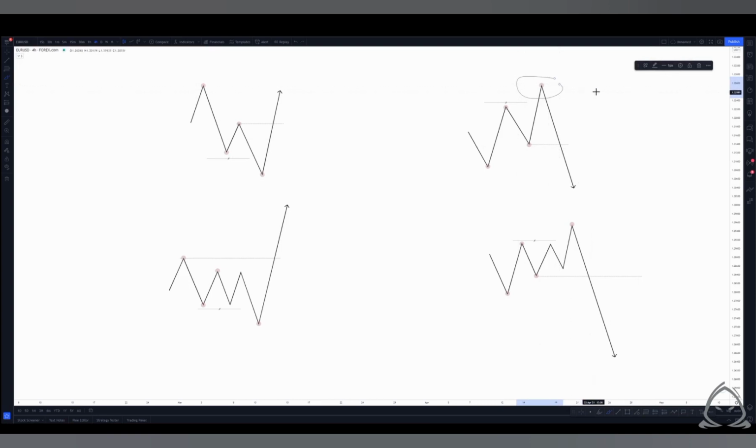Just because a point is created, and I just want to emphasize this, just because a protected high is created, for instance, doesn't mean that it's not going to break at all and that there's no chance of it. If, say, this is the 15-minute chart, we're seeing that protected high being created, but let's just say below here is a 4-hour demand zone, so we know that we're already looking at higher time frame points of interest versus 15-minute, then we can see what price action starts to give us.